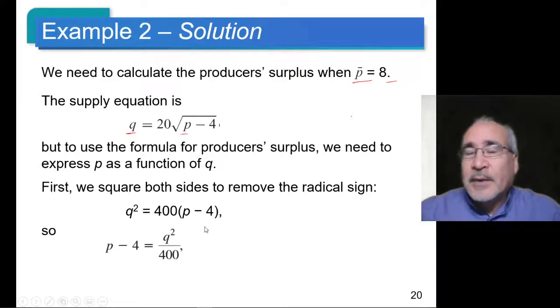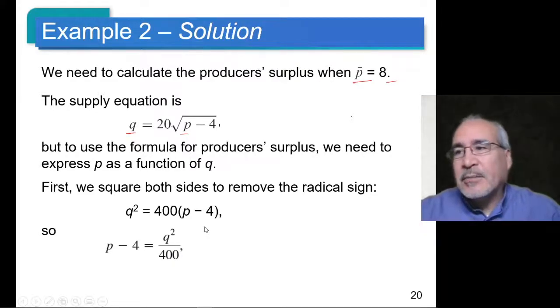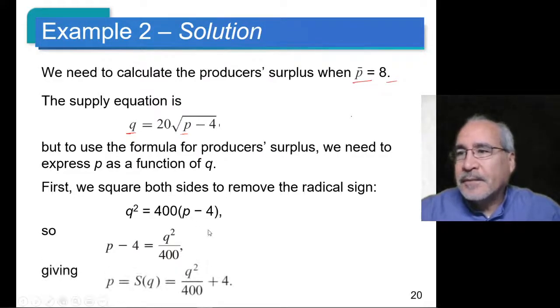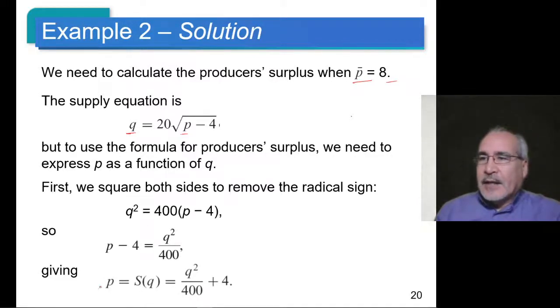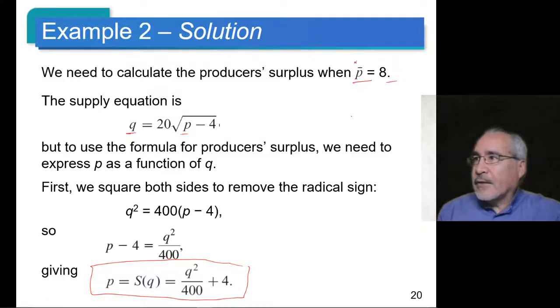What I'm telling you is you won't be doing this part because they're going to give us P equals, which is good. So P is equal to the function Q squared over 400 plus 4. And again, where our problems start is our questions will give us this and this.